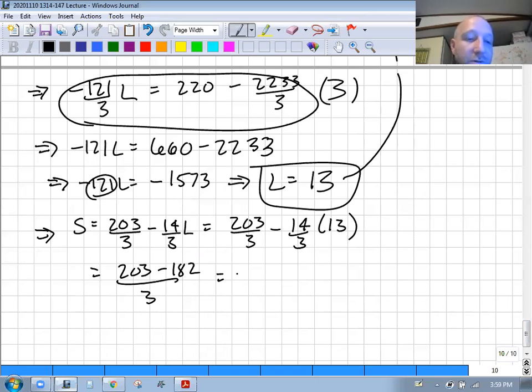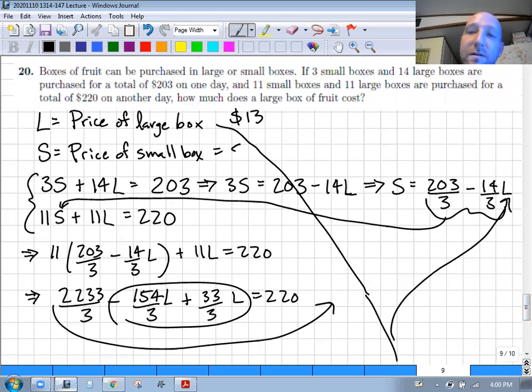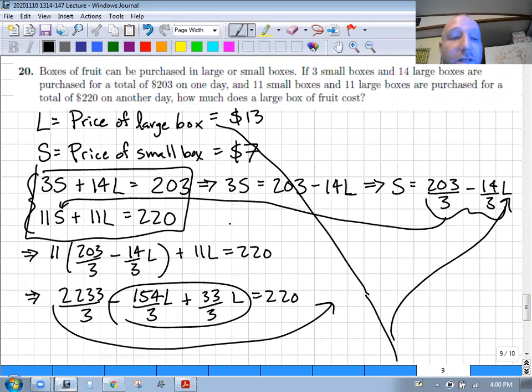So 203 minus 182 is 21 over 3, which is 7. So the price of a small box, $7. So 2 equations, 2 unknowns, substitute one into the other to get 1 equation with 1 unknown and solve for it.